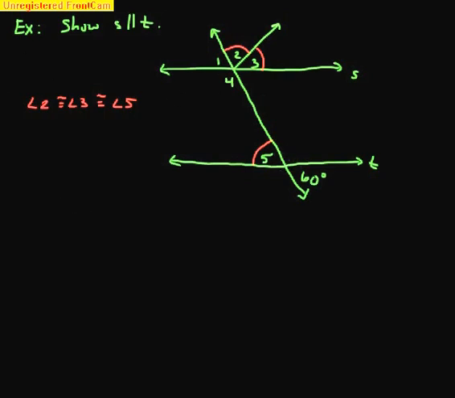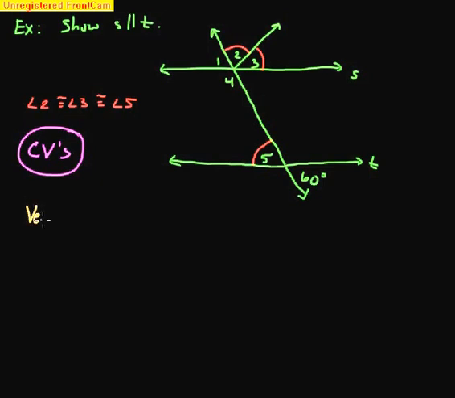Well, remember, we have the 3 converses. So we're going to have to use a converse to do this. So we have to use the converse of the corresponding angles postulate, alternate interior angles theorem, alternate exterior angles theorem, or the same side interior angles theorem. So let's see what we can do. Well, 5 is vertical with that 60-degree angle.